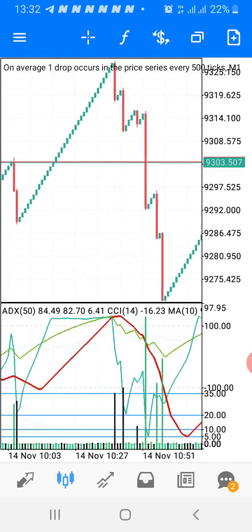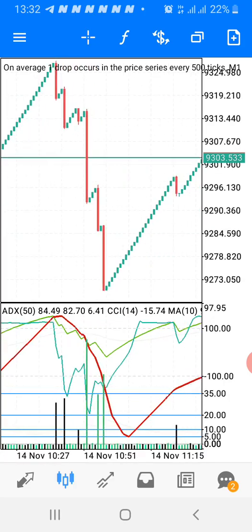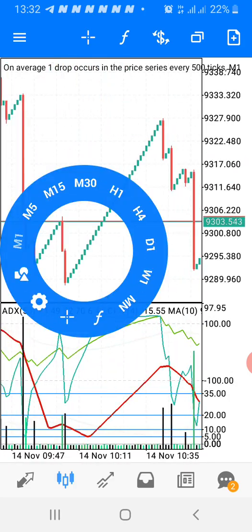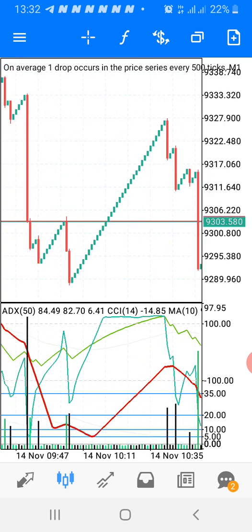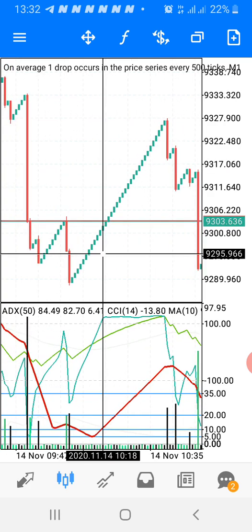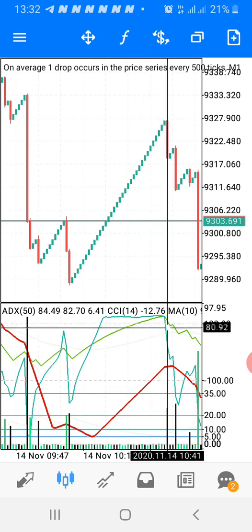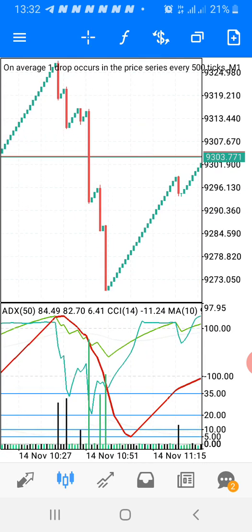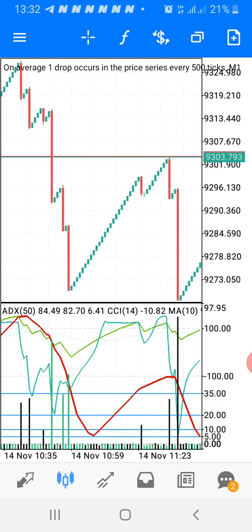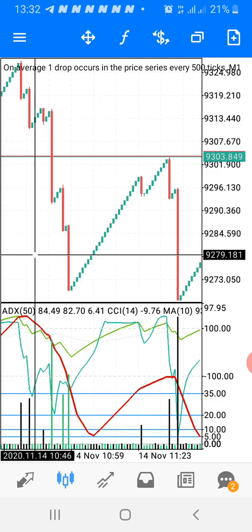So let's check out others to learn. You see, the reason why you need to put it here is that, if your candle was like this, you will find that the red moving average is here. So it's not accurate. So it's better you put it here, just the way we did it before.